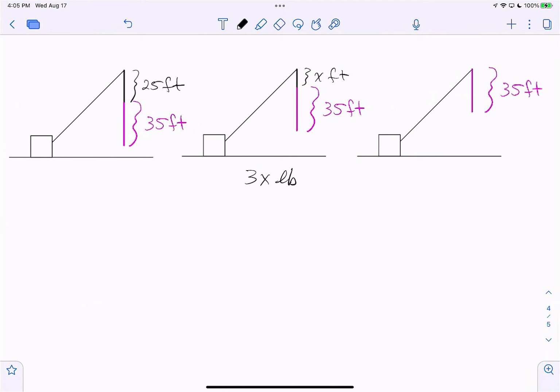Here's another way to look at the same situation. We're cranking up 25 feet of the cable, and at the end of the work that's being done, we still have 35 feet hanging down. So one way to look at it is to say, well, this chunk of 35 feet isn't changing. So let's actually divide the work up into two pieces.